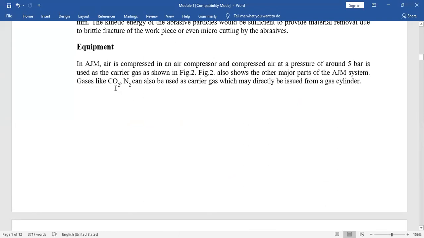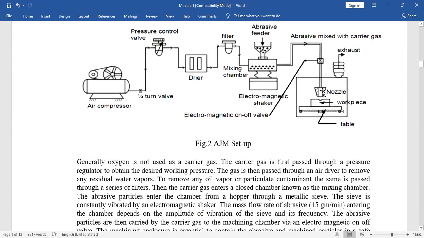Gases like CO2 and nitrogen can also be used as carrier gases, which may directly be used from the cylinder. The compressed CO2 or nitrogen gas goes to the air compressor, and again it is compressed to 5 bar. Oxygen is not used as a carrier gas.